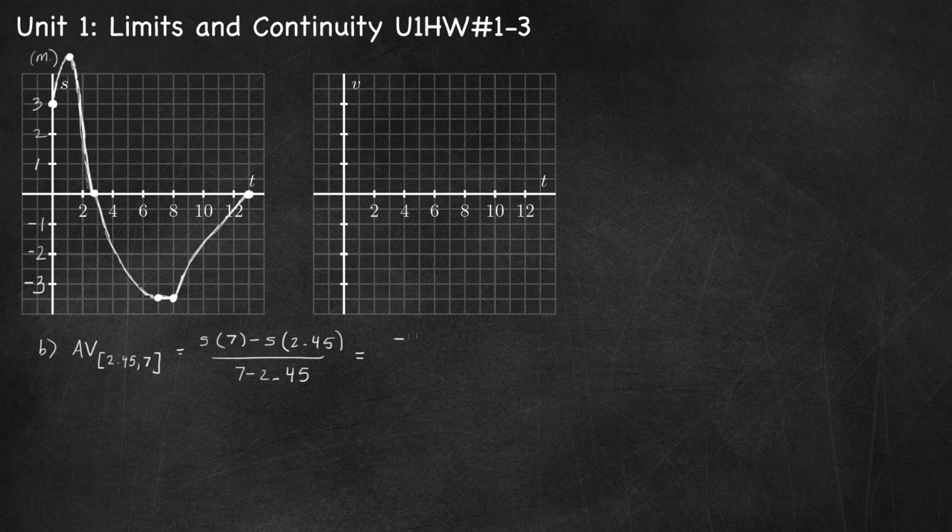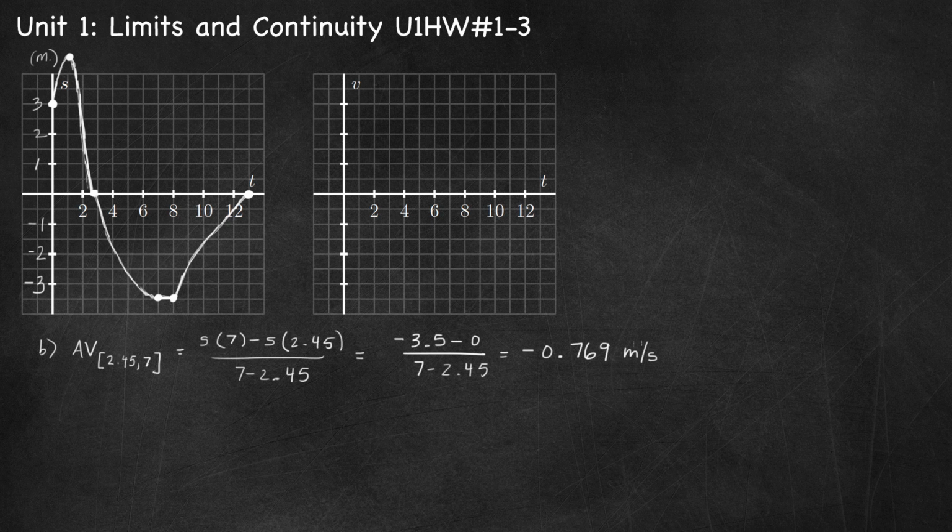S of 7 is negative 3.5 minus s of 2.45 is 0 over 7 minus 2.45. And that simplifies to negative 0.769, and our units there are meters per second. The change in position is meters, the change in time is seconds, so meters per second.